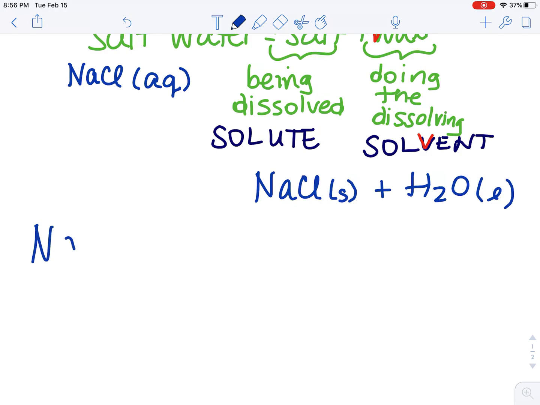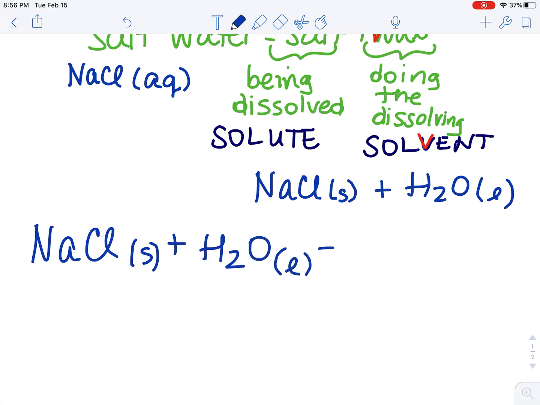Now this can be written as a chemical reaction per se, and I say that loosely because, as you know, dissolving is not a chemical change, and we'll write that down. I'll elaborate on this in a few more lessons. But just a reminder, this is how we could write it as chemists, chemically.